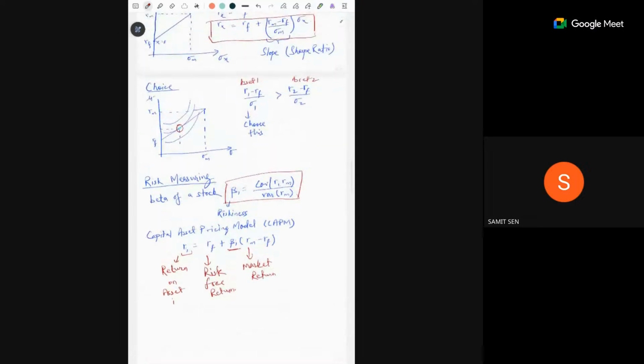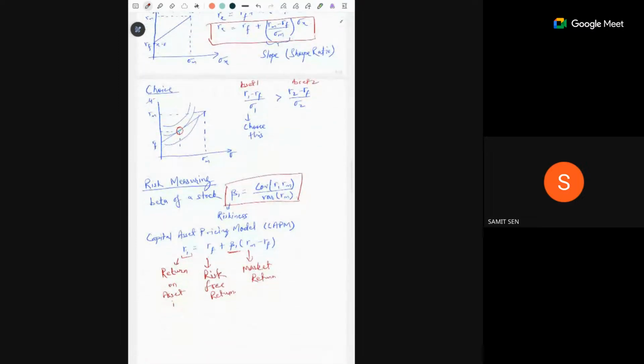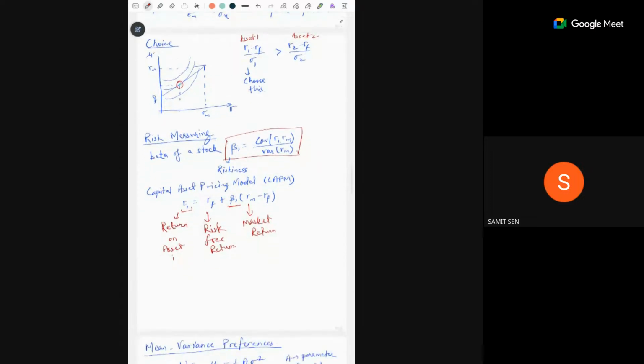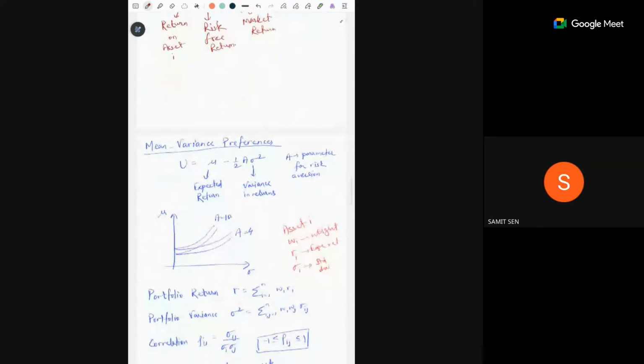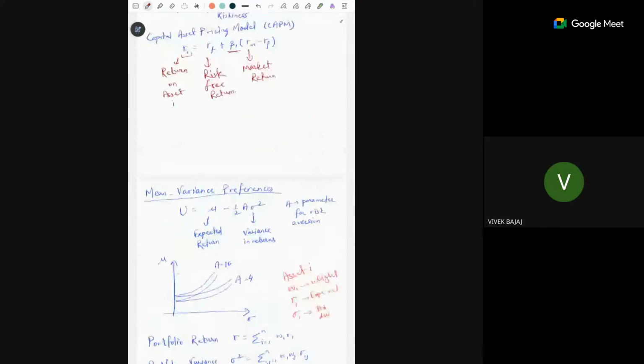Okay. Now here we discussed the preferences or the utility functions. One important type of utility function which we encounter is the mean variance preferences. That means the utility only depends on the mean and the variance. One question, sir. Is it the slide above? Yes.